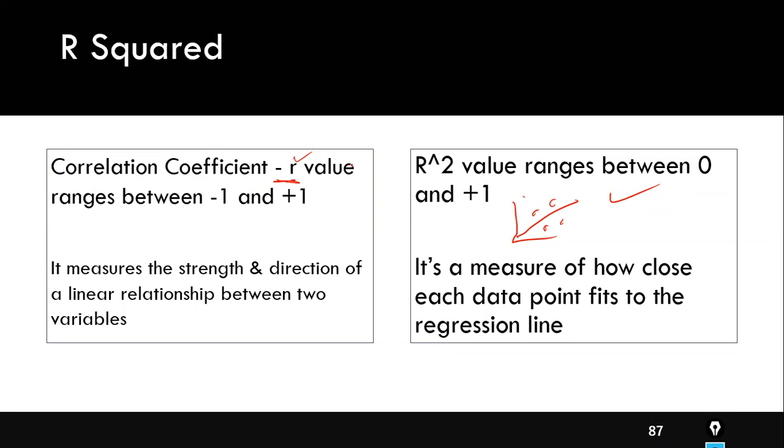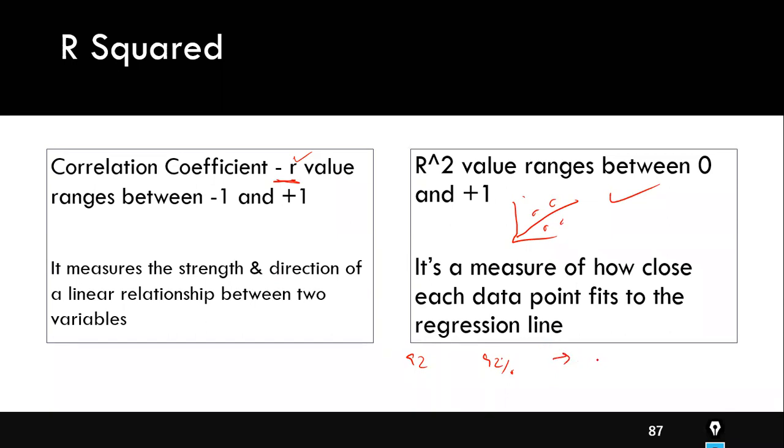R squared measures the proportion of the dependent variable that has been explained by the independent variables. Supposing my R squared value is 92, which means 92% of the variation of the dependent variable is explained by my predictor variables.